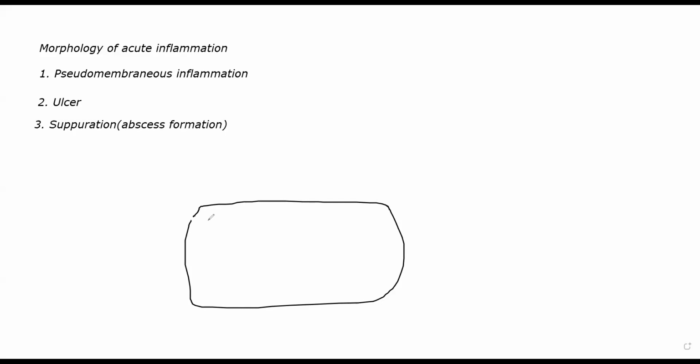So let's suppose someone is having an acute bacterial infection. The bacteria has come into the tissue space, and in this space a lot of neutrophils are coming into the picture. You already know that as a part of vascular events, a lot of margination will occur, and a lot of neutrophils will start invading the area in hopes of killing that bacteria, or at least alerting your immune system.